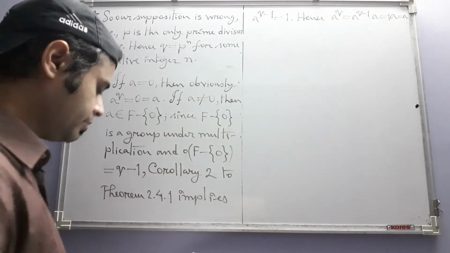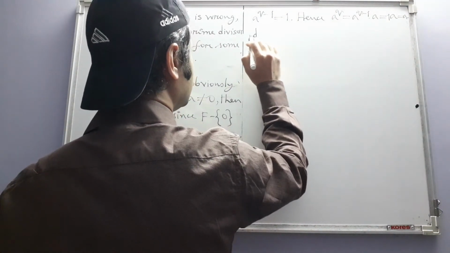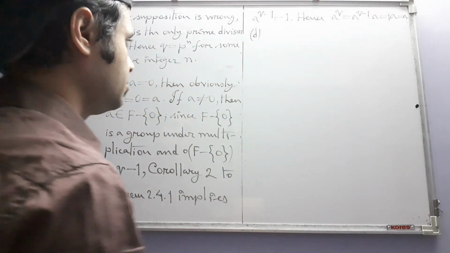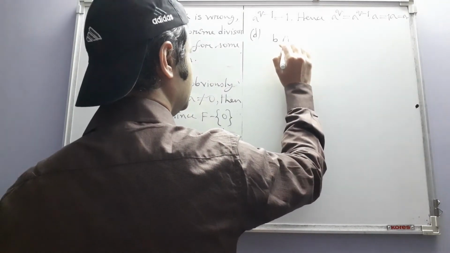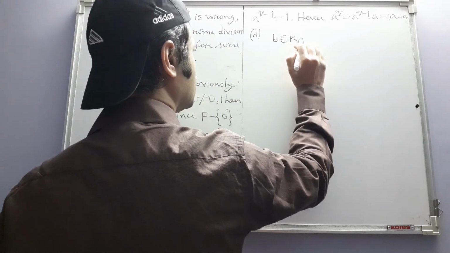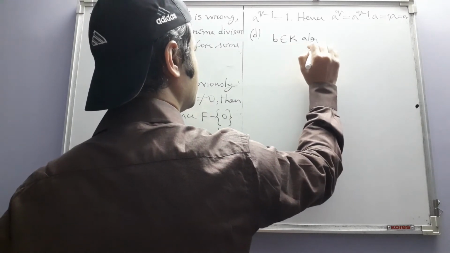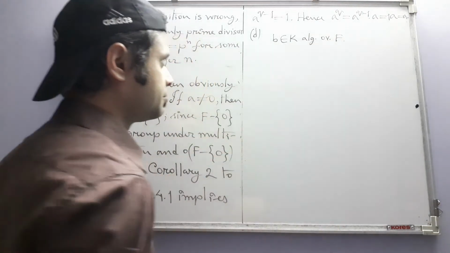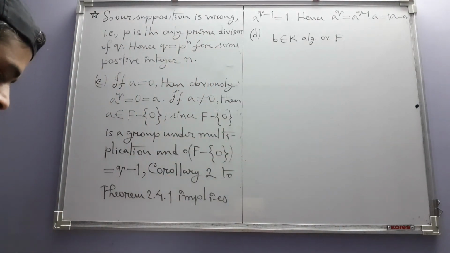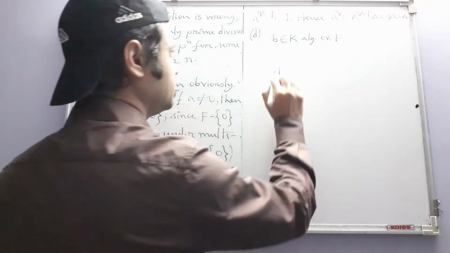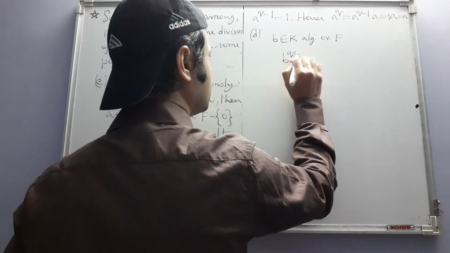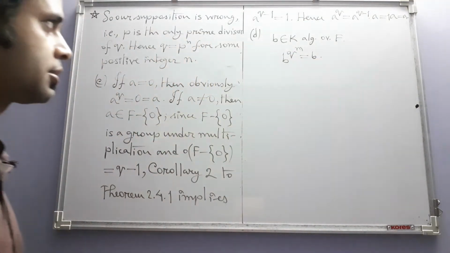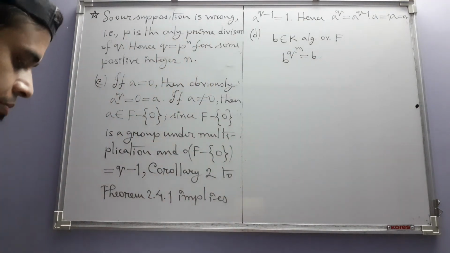And finally part D. In part D it's given that b in K is algebraic over F. Then we have to prove b to the power q to the power m equals b for some positive integer m.